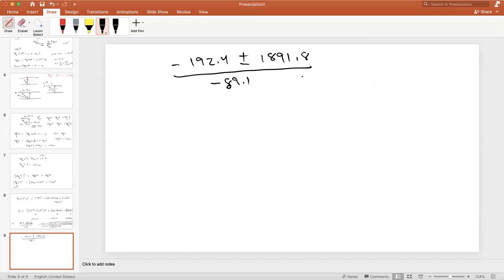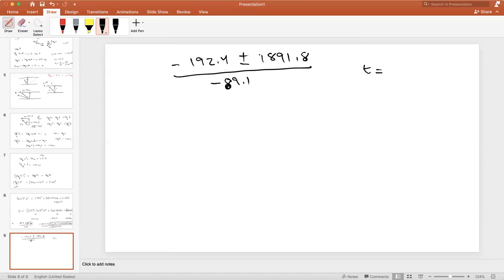Now, I need time to be positive. So whatever I get in the top had better be negative. If I do negative 192 plus 1891, I'm going to get a positive in the top and a negative in the bottom. So I can't do that. I need to add the negatives.